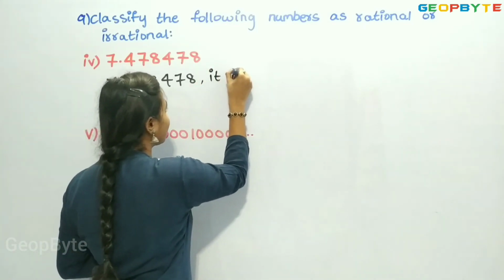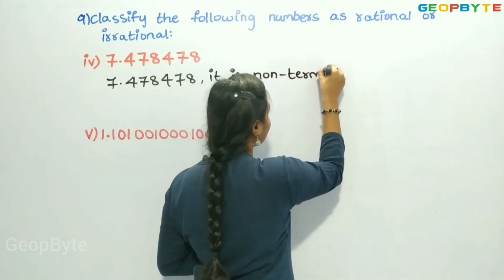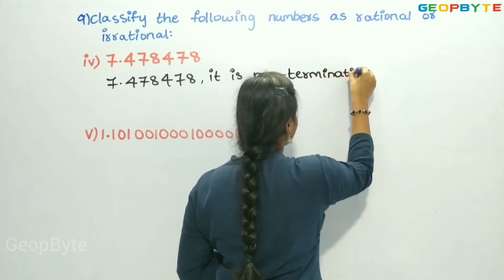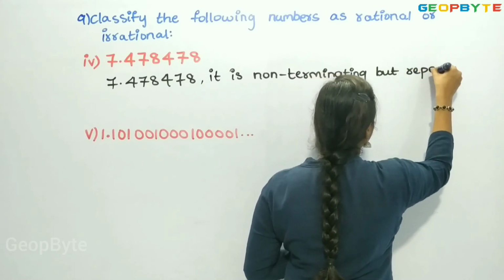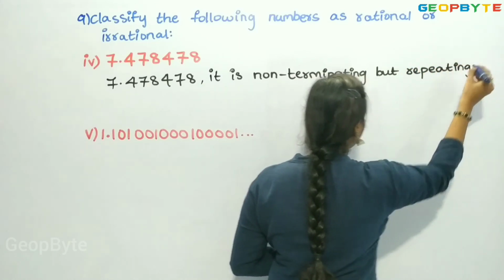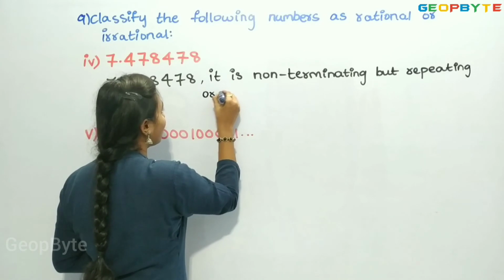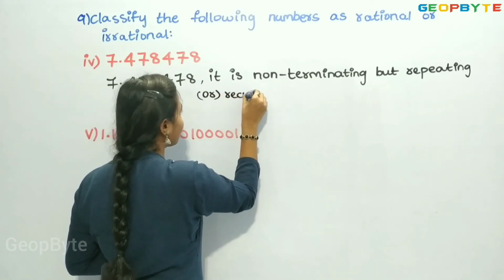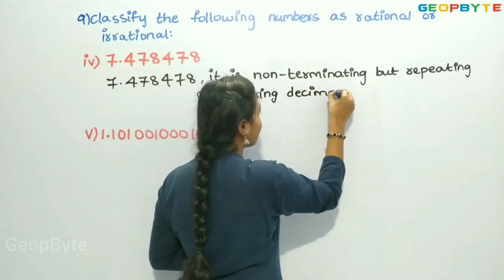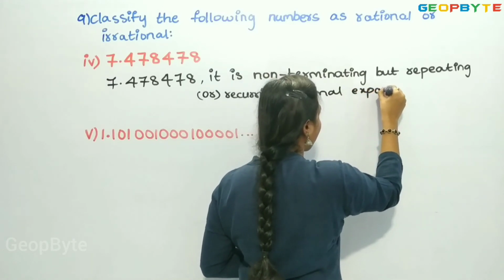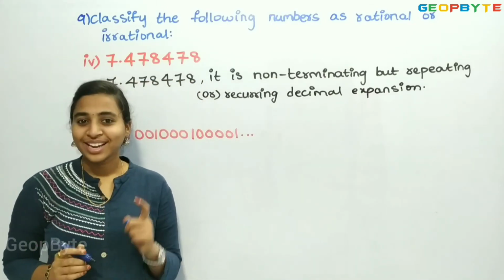It is non-terminating but repeating or recurring, right? Repeating or recurring decimal expansion. So it is a rational number.